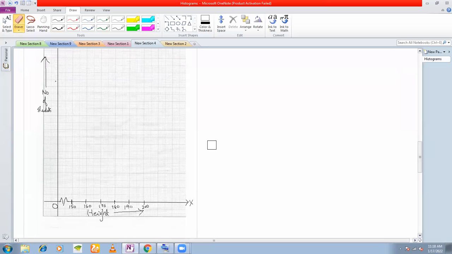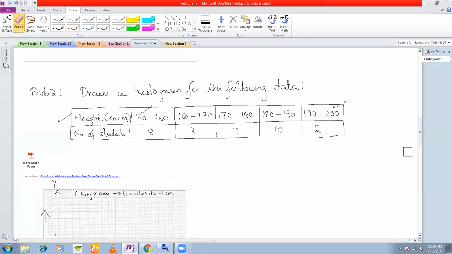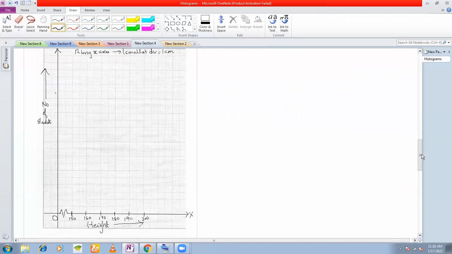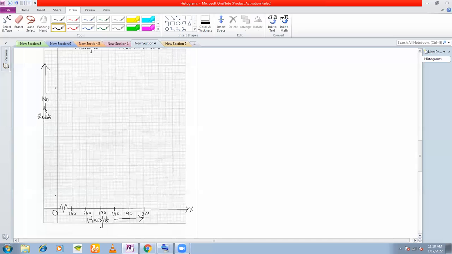Now we are going to decide the scale along the y-axis. If you see the number of students here, the highest number of students is 10, right? That means we have to move from 1 to 10. So that should be easy. If I keep this as 1, 2, 3, 4, 5, 6, 7, 8, 9, and 10. Here, how many divisions are there between 0 and 1? 10 divisions.